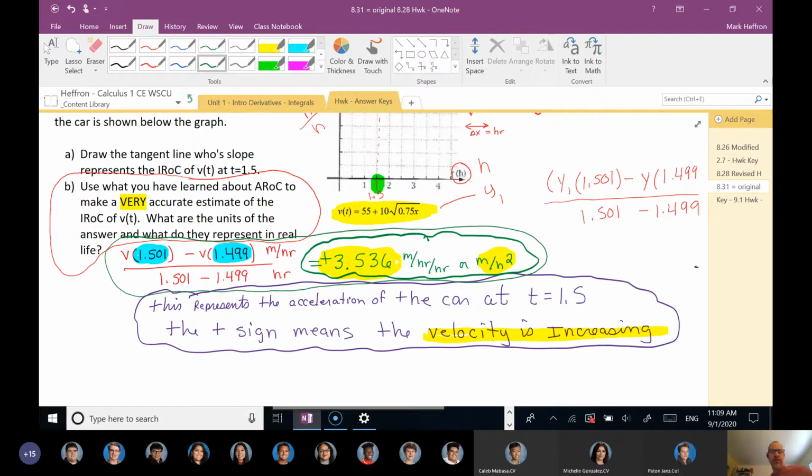And my units were miles per hour squared, because when I looked at the change in y over the change in x, we had miles per hour on the y and hours on the x.